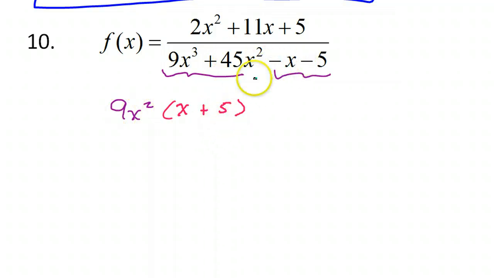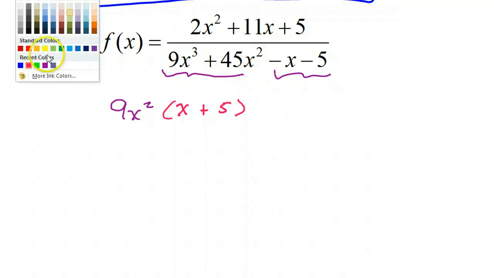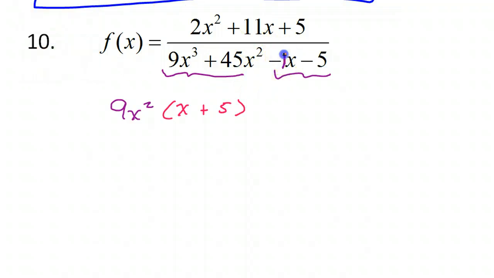Meanwhile, over here, if you want, you can look at this as a negative 1 that has to come out. So I'm going to pull out this negative 1. Now what will be left behind is x plus 5. Why plus 5? Because if I did the distributive property, negative 1 times x is negative 1x, and negative 1 times positive 5 is negative 5, so it makes sense.